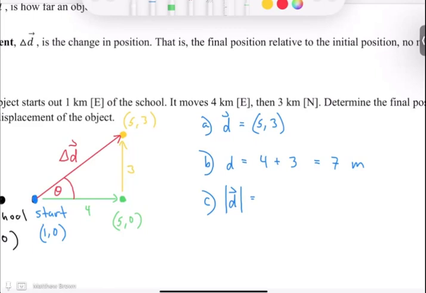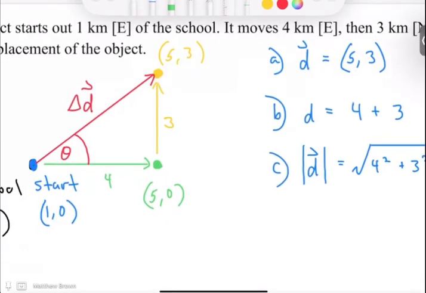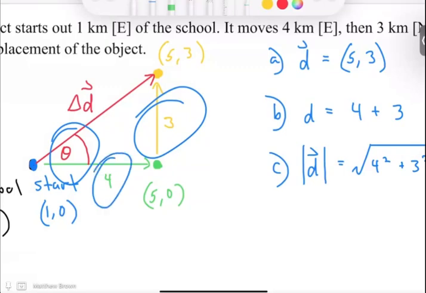So in this case, I go 4 east and 3 north. So that's just going to be the square root of 4 squared plus 3 squared, which is the square root of 25, which you all know is just 5. Then I again get this angle. If you're thinking about your trigonometry here, there's my theta, there's the opposite side, there's the adjacent side.